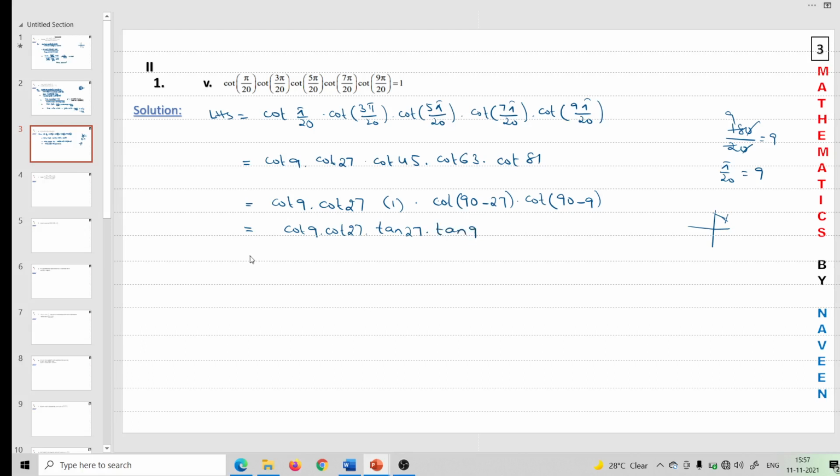Cot can be written as 1 by tan, because tan and cot are reciprocals. So 1 by tan 27 into tan 27 as it is and tan 9 as it is. Tan 9 gets cancelled, tan 27 gets cancelled, that is equal to 1.